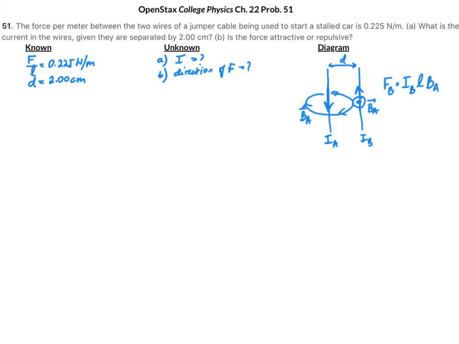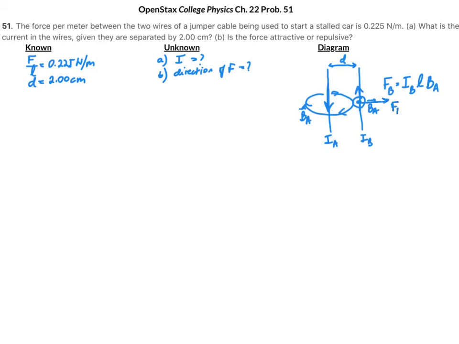And now we're going to apply the first right-hand rule, by placing our fingers in the direction of the current, bending our fingers out in the direction of the magnetic field, and ending up with a force this way.